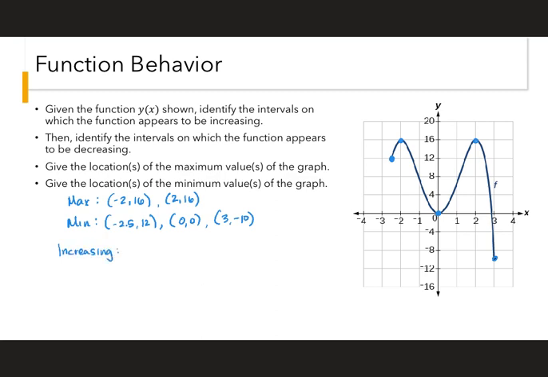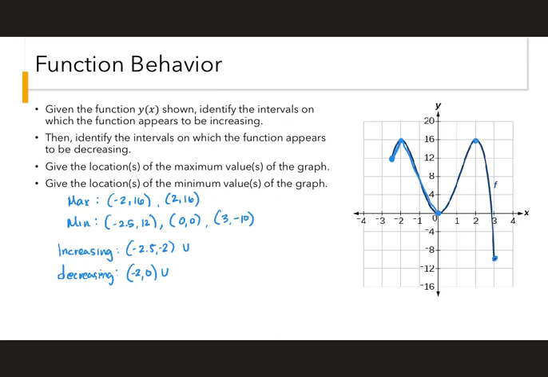So it is increasing from -2.5 to 2. Then it decreases for a bit. So I'll just write that down. Decreasing from 2 to 0. Sorry, those should be -2's.